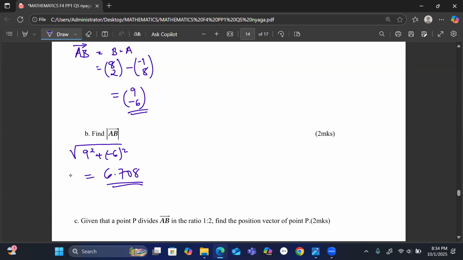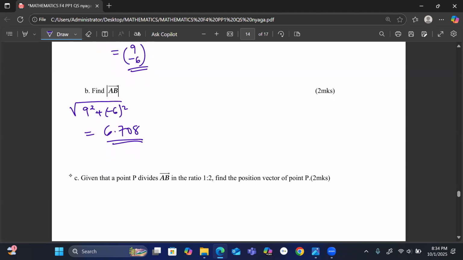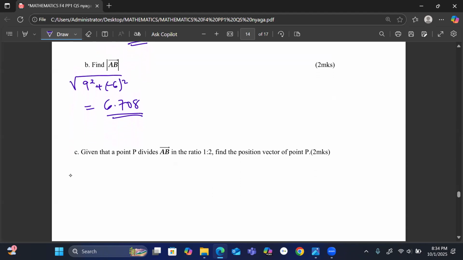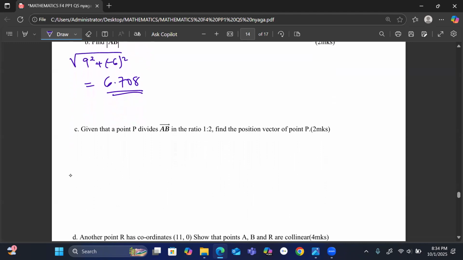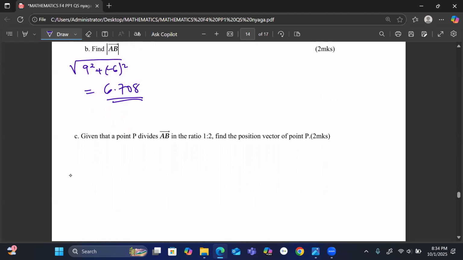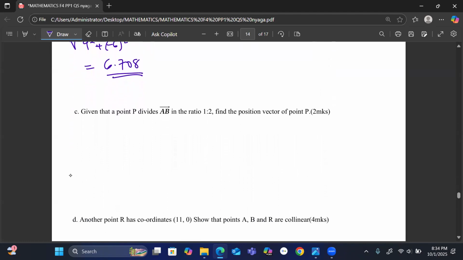We are going to get 6.70. Now, we get our 2 marks. We move to the next one.